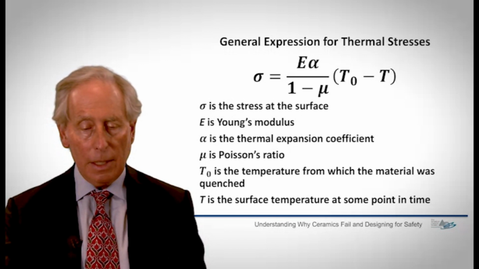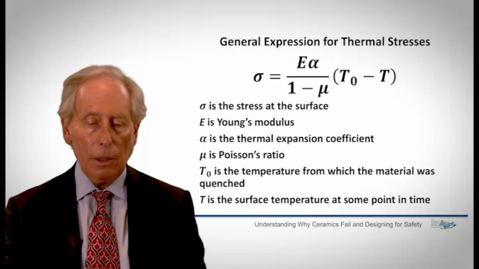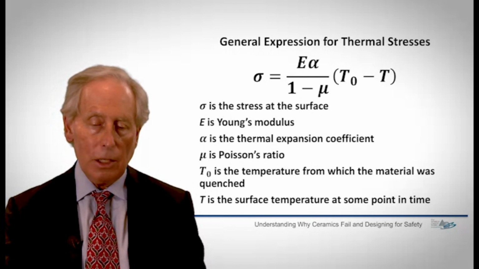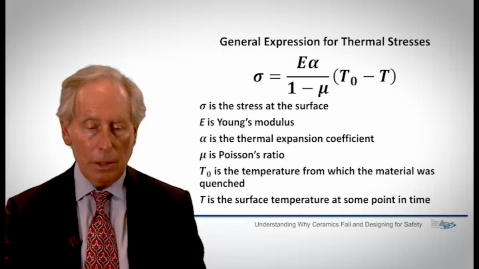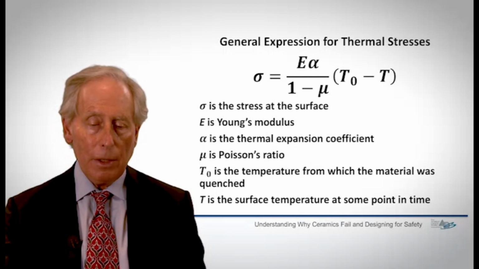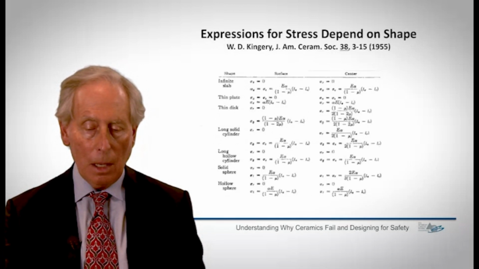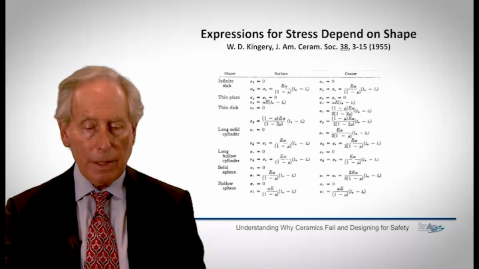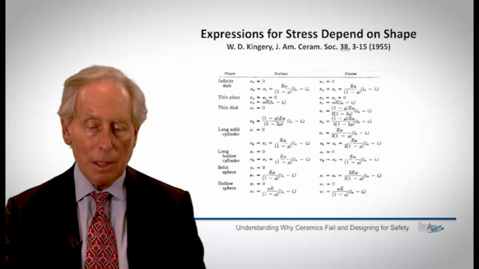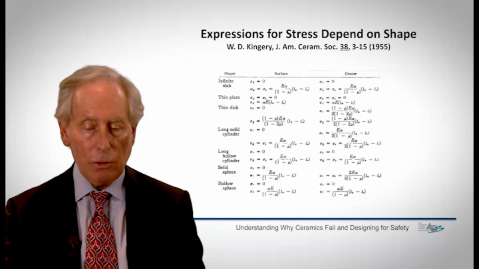So this is a general expression for the thermal stress development in almost any shape or size or material. You see it has material parameters in it, but these are probably ones that are pretty well known, thermal expansion coefficient and elastic modulus. And there are a whole series of expressions for this kind of stress depending on the shape of the material, because that will affect the way in which the stresses are developed on the outside surface.